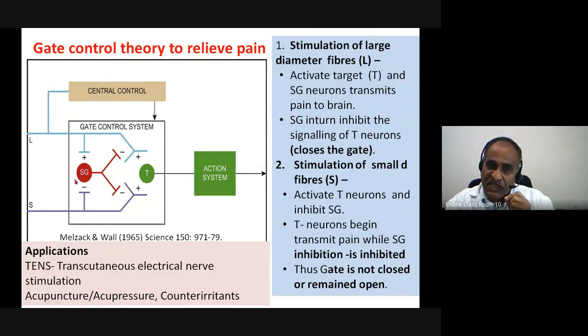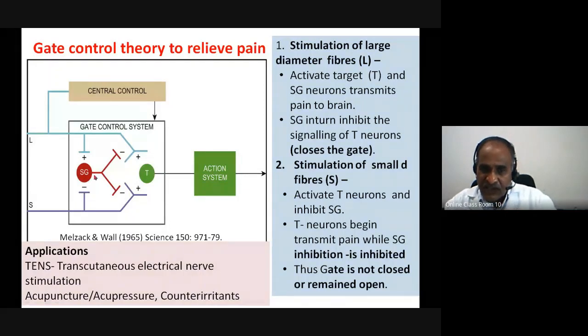And these substantia gelatinosa cells in turn inhibit the inputs coming from here. I will come back to this thing. Inhibit this phenomenon. So that means they keep the gate open. These small diameter fibers will excite the target cells. They will allow the pain to move, and at the same time, they will inhibit the substantia gelatinosa cells.